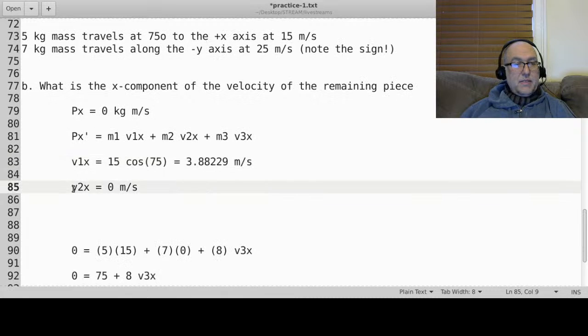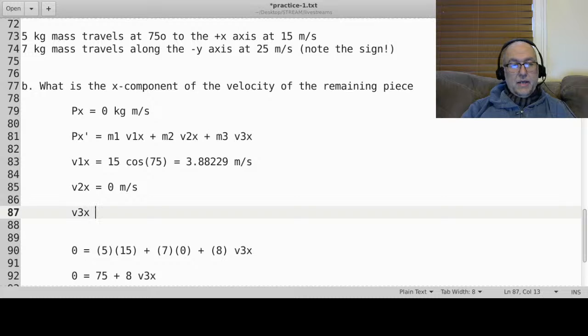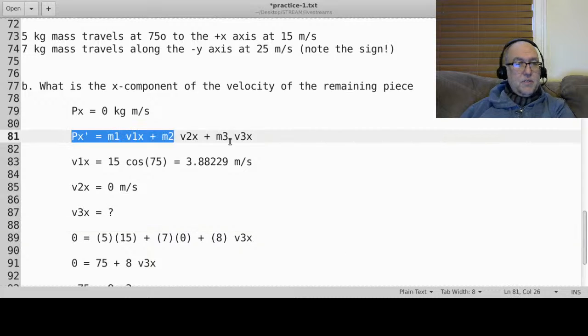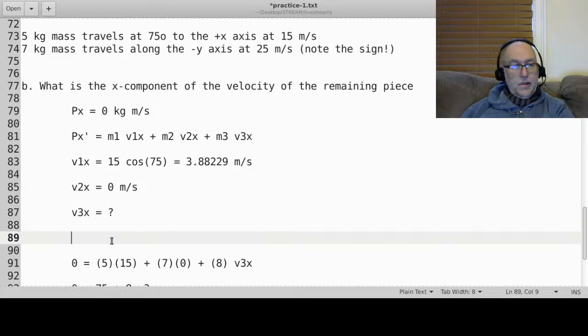That one is still 0 for the reasons I just stated, and we want the x component of the velocity of the remaining piece. So that's v3x. That's our unknown. That's what we want to solve. Now when we go to substitute into this, I can just copy that down here.